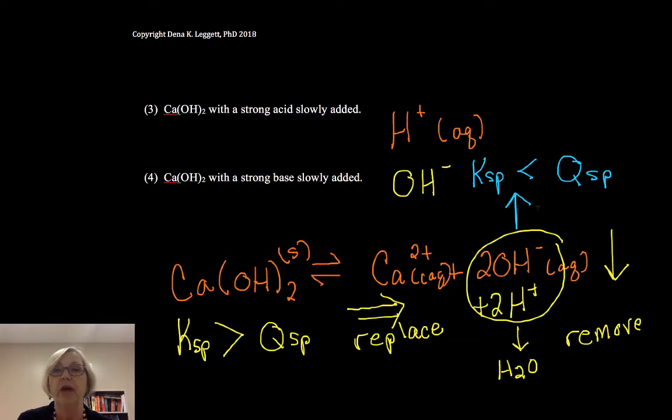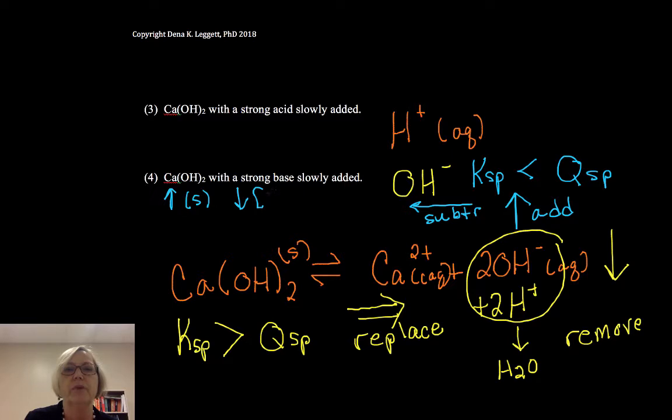So if you add, we need to subtract. The only way to subtract a product is to shift to form more reactant. Okay, so in this case, I would increase the mass of solid that has formed. I'd precipitate more solid. I would decrease my molarity of calcium ion.